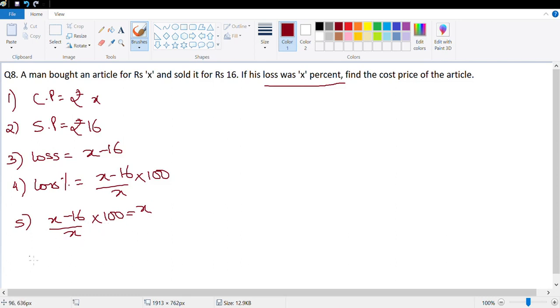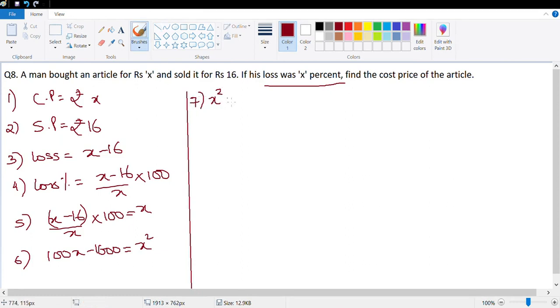Okay, let's multiply x minus 16 with 100, which means 100x minus 1600 is equal to x square. I have cross multiplied as well. So let's bring everything on one side. This gives me x square minus 100x plus 1600 is equal to 0.